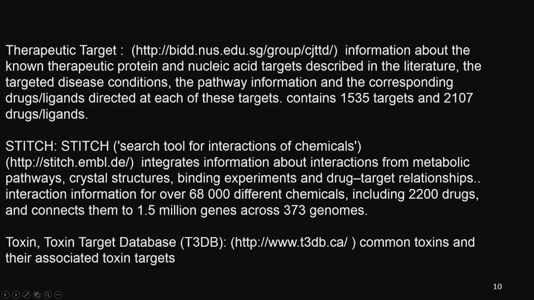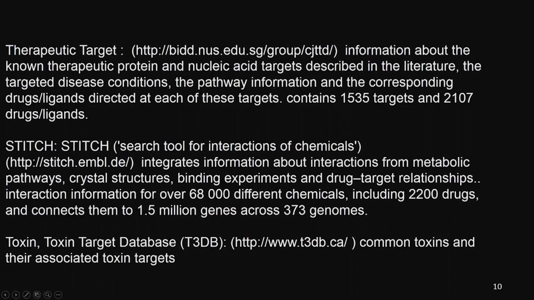So it connects the chemicals or the drug with the targets and genes, so it creates a very complicated map. It stitches basically between the genes, the targets, the drugs, and creates a very complicated map of connections, so it can connect almost 1.5 million genes.